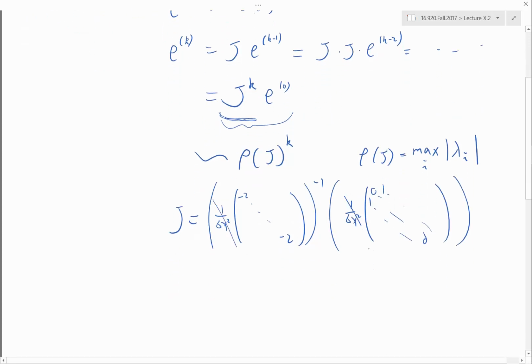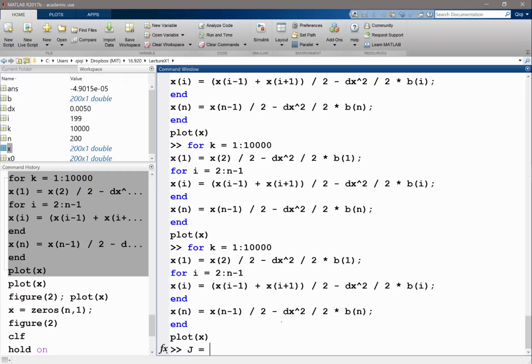And these actually cancel each other. The minus sign cancels with the minus sign in the 2, and the 2 becomes half. So what you get is 0's and halves on the upper diagonal and halves on the lower diagonal, right? This is my J.